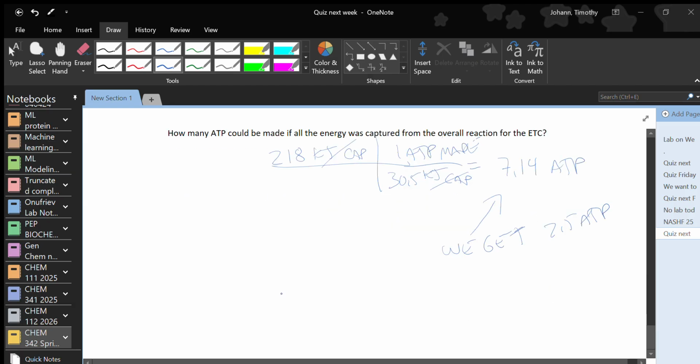Okay, so 2.5 ATP made, 7.14 ATP theoretical. Right, this is our yield. Times 100, that's 35%. So we lose a lot of this energy to heat.